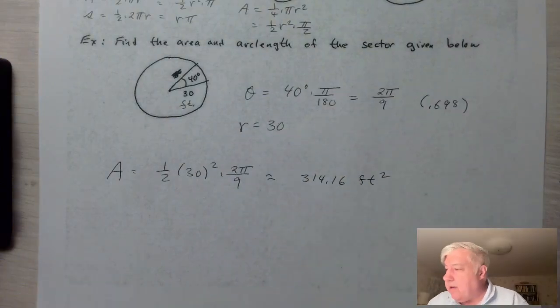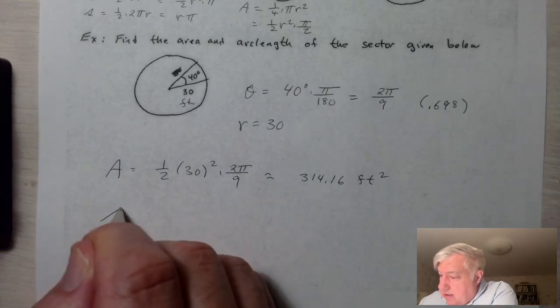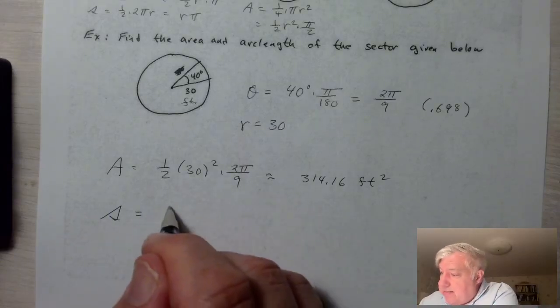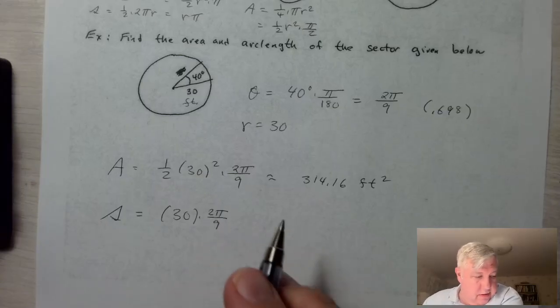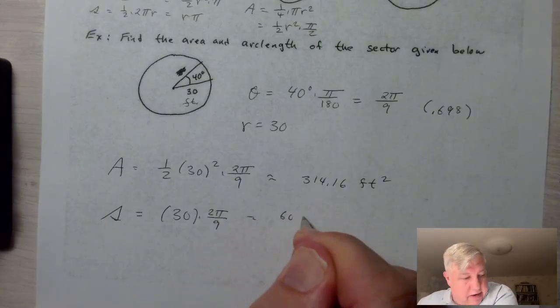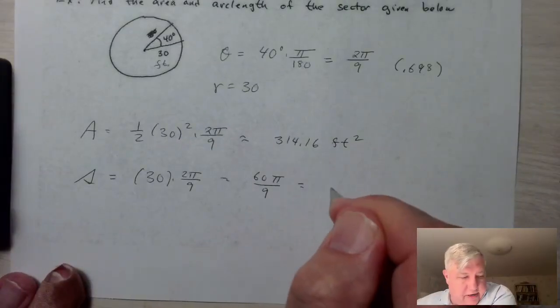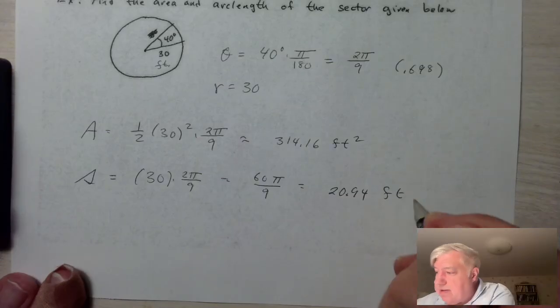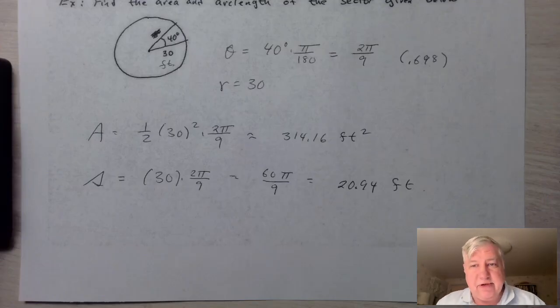And then the arc length S would just be 30 times 2 pi over 9, which would be 60 pi over 9, which is about 20.94 feet. Okay, so these aren't too bad. The only thing is you have to remember to convert to radians when you do this.